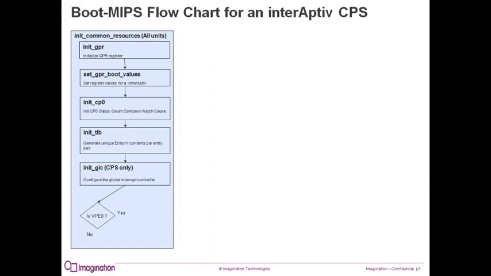This code initializes resources that are specific to each processor. These resources include the GPRs, processor-specific CP0 registers like the status, count, watch, and cause, and the TLB and the GIC.